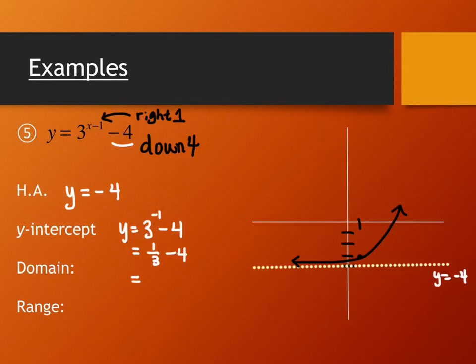And if we simplify this, we are going to get -3 and 2/3 if you prefer, or even better yet, -11/3. So my y-intercept is at x equals 0, y equals -11/3.